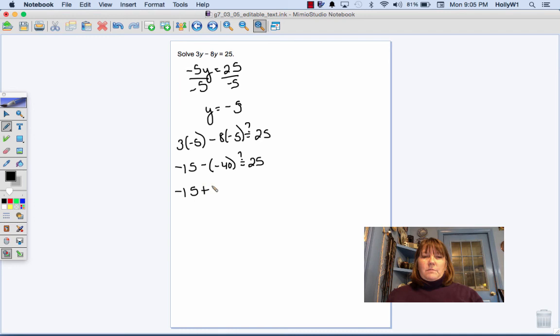Negative 15 plus 40, is that equal to 25? Yes, 40 subtract 15 is 25. So yes, that works. All right, I think you have enough that you can start and try these on your own.